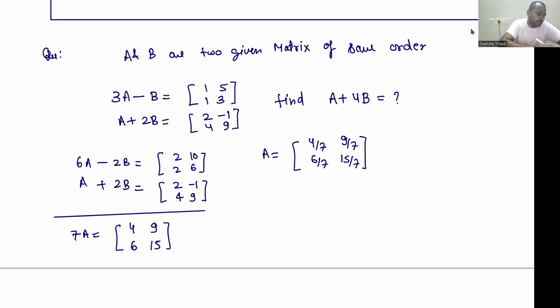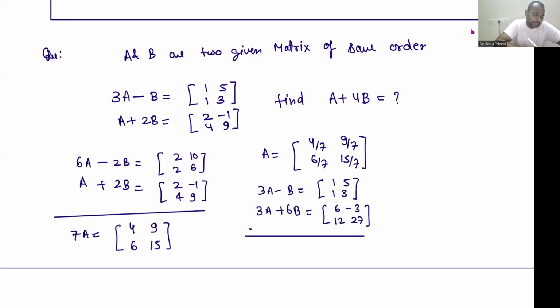Now here we need 3, so that matrix is multiplied by 3 and subtracted. We write 3A minus B is 1, 5, 1, 3 and 3A plus 6B is 6, minus 3, 12 and 27. Now we need to subtract.